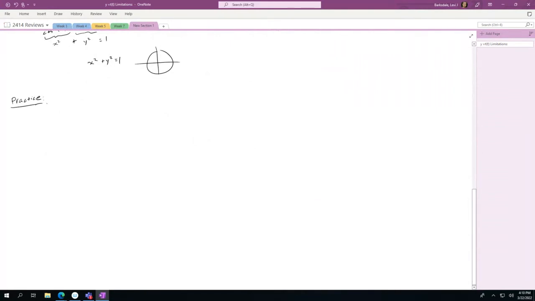So I want you to sketch the parametric curve by making a table. Also, be sure to indicate direction.